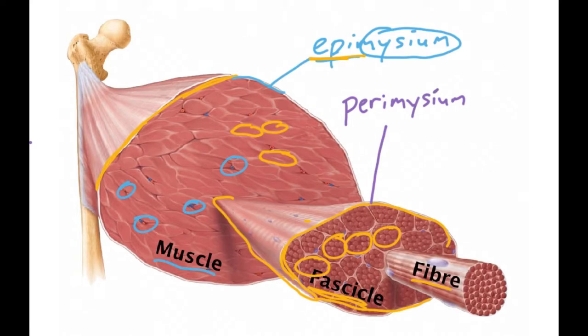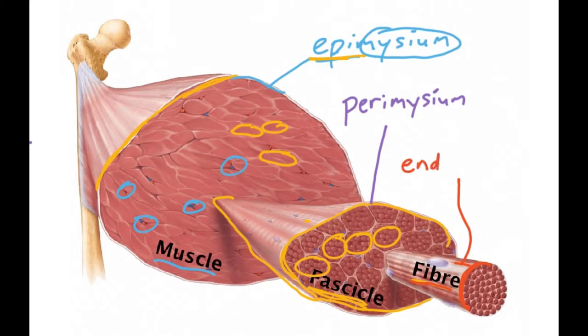And then if you come down here at the cellular level to look at what surrounds a muscle cell, that's what you're seeing here. Again, you can see a slightly shiny layer shown in this graphic. So what's going to surround the individual muscle cells or muscle fibers? Think about the root word that means inside or within.